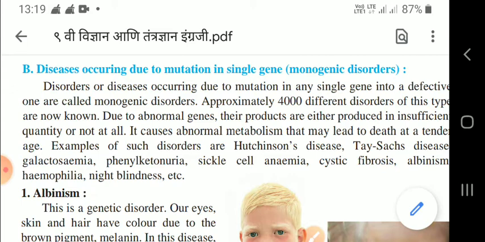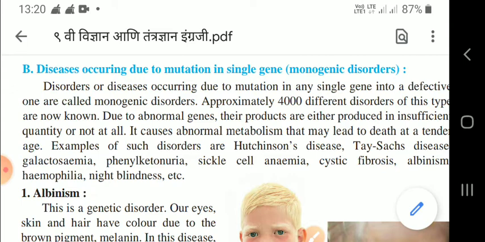It is an inherited disease causing mental disorder. Then sickle cell anemia. It is a severe hereditary anemia. Then cystic fibrosis. It is a hereditary disorder affecting the exocrine gland. Now, Tay-Sachs disease is caused in the absence of an enzyme which breaks down fatty substances. Now, albinism, and the hereditary disorder affecting the exocrine gland is cystic fibrosis.